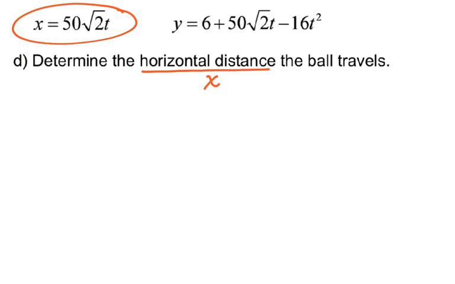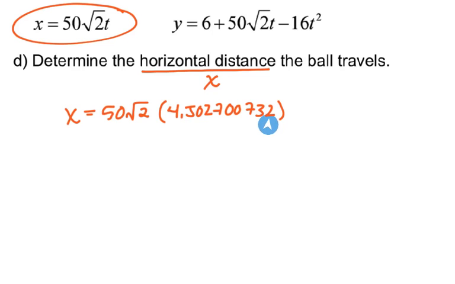So in this case, we have x equals 50 root 2 times that t value, which was 4.502700732. So I wrote that in my calculator. As it appeared in my calculator, this is a rounded value. The calculator cut off some decimal places.